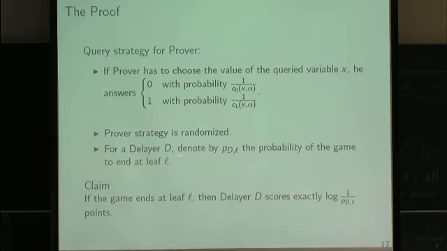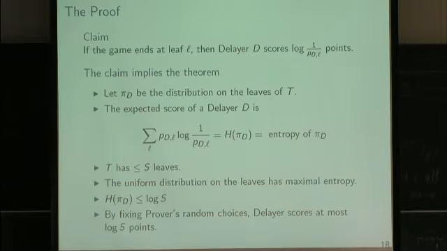If the game ends at some leaf L, then the delayer will score exactly log of 1 over PDL points. So yeah, you have again the claim. So the claim implies the theorem. Maybe I can show you this and then the claim I will not prove.